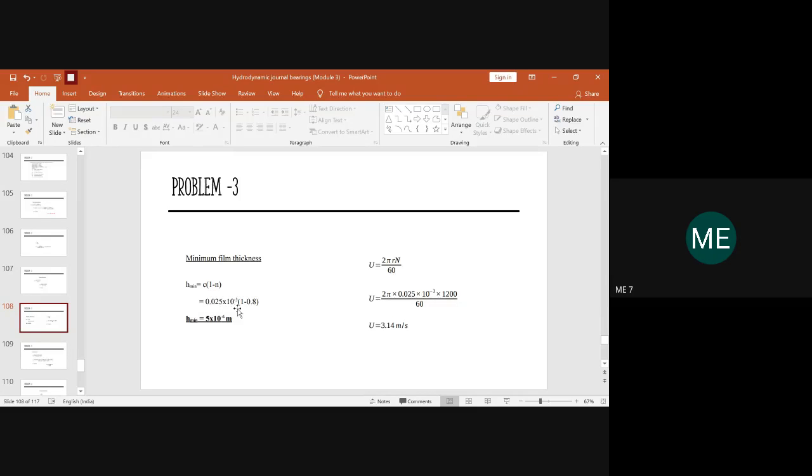So convert that into meters: 0.025 into 10 raised to minus 3 into (1 minus n). The eccentricity ratio value is given as 0.8. So kindly substitute and see what minimum film thickness value you get.